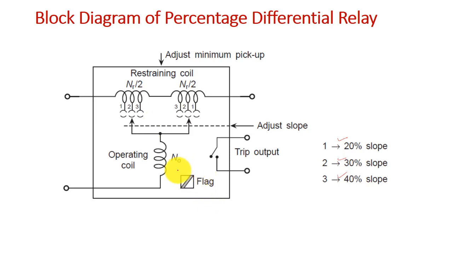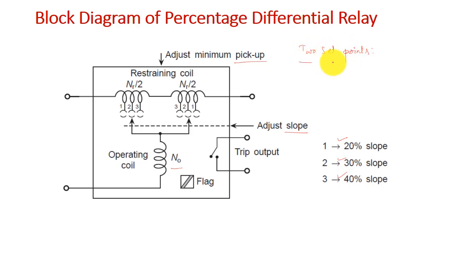And this is your operating coil, and it has two set points. One is your pickup current set point, and the other one is your slope adjustment set point. We call it percentage biasing adjustment, right? So it has two set points, okay.